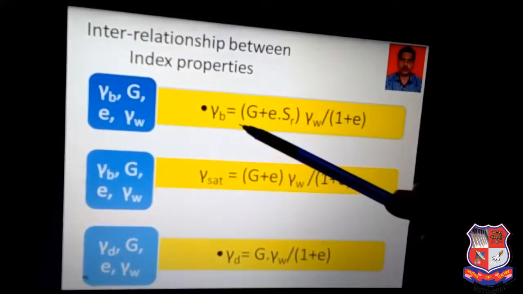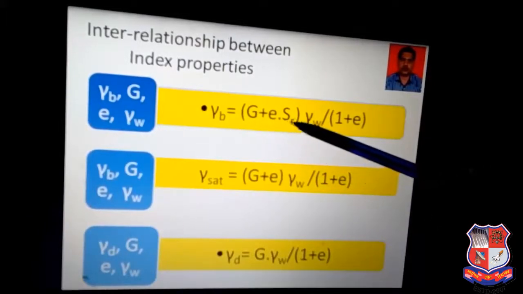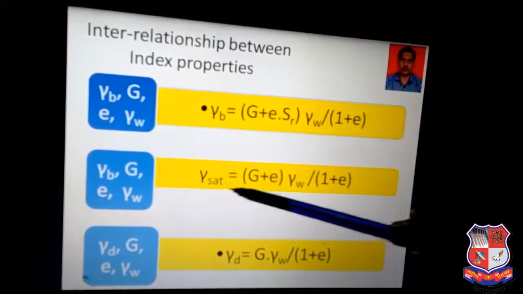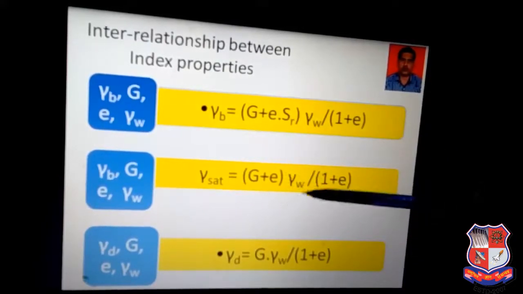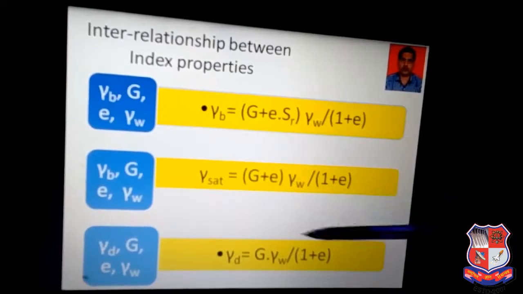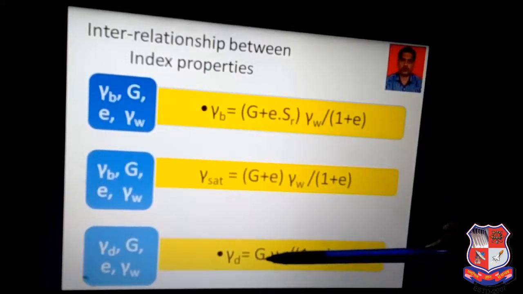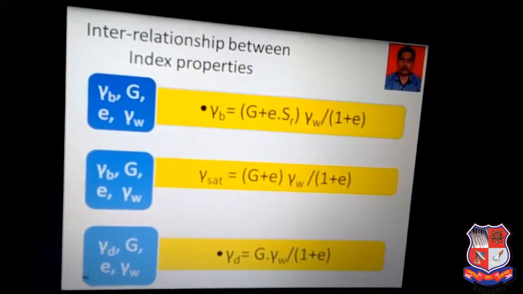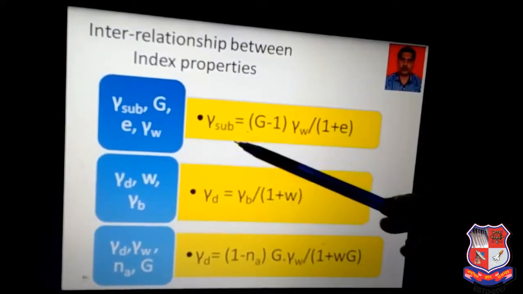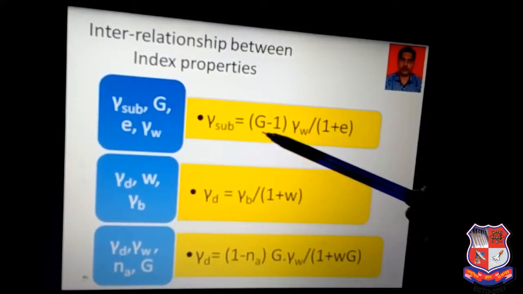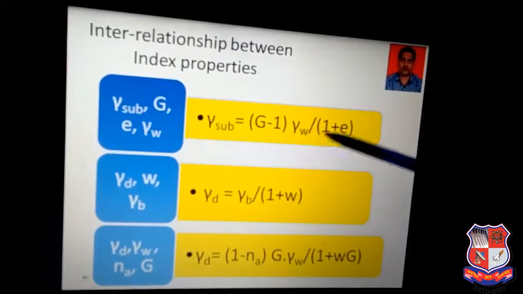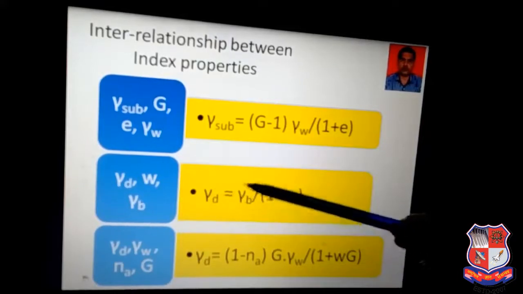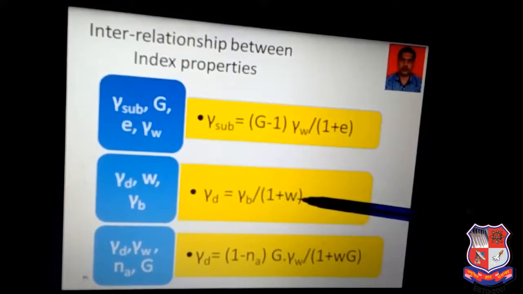Then bulk density is given by G plus E into Sr under bracket into gamma W divided by 1 plus E. Gamma saturated is equal to G plus E under bracket into gamma W divided by 1 plus E. And dry density gamma D is equal to G into gamma W divided by 1 plus E. Gamma submerged, gamma sub, is G minus 1 under bracket gamma W divided by 1 plus E. Gamma D, dry density, is equal to bulk density divided by 1 plus water content.